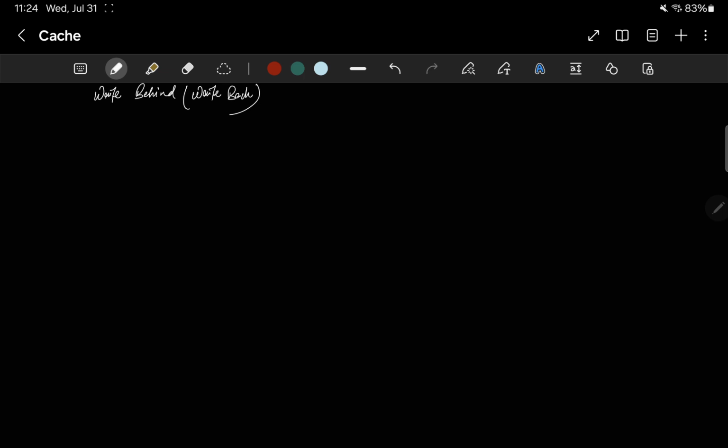This is a caching write policy where cache is updated first and then the database is asynchronously updated at a later time. So cache is updated first and then the database is updated asynchronously.